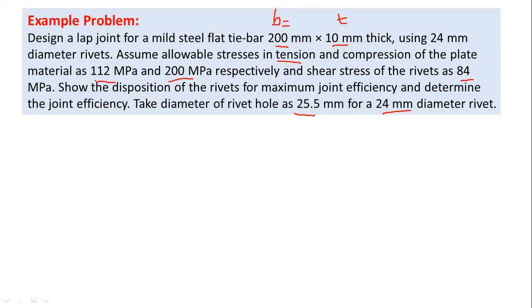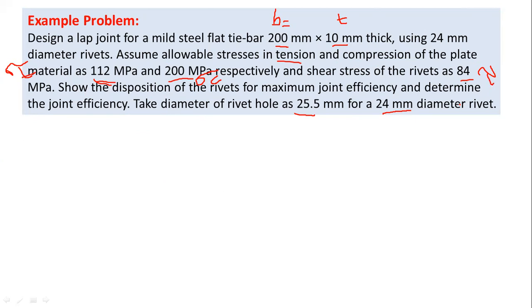The tensile stress is 112 megapascal, that is sigma T equal to 112, and compression stress, that means crushing stress sigma C equal to 200 megapascal, and the shear stress is tau equal to 84 megapascal.